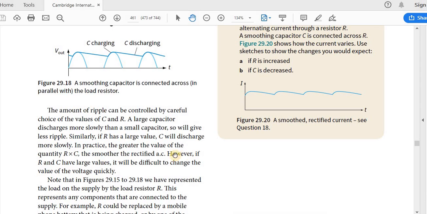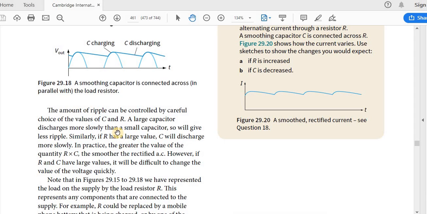In practice, the greater the value of the quantity RC, the smoother the rectified AC. So again, a larger capacitor discharges more slowly than a smaller capacitor, so will give less ripple.